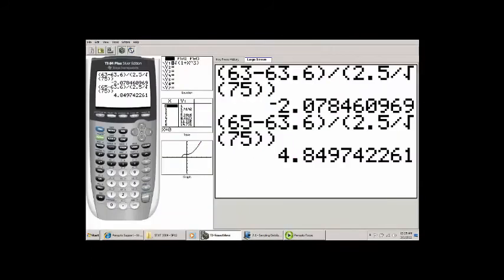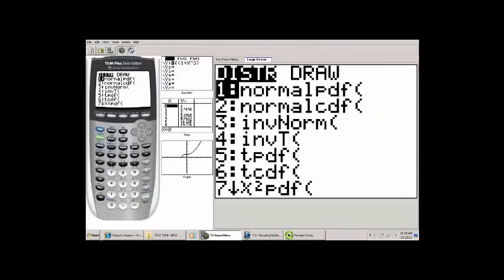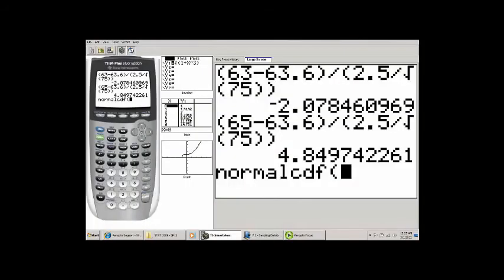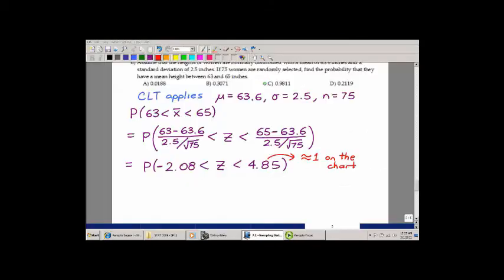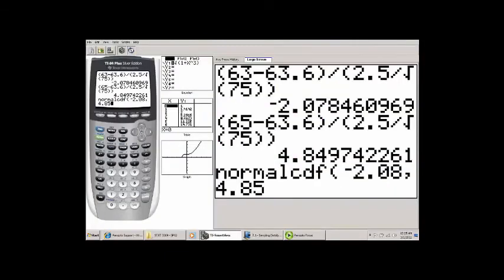Well, I'm going to do a normal CDF, though. Negative 2.08, comma, 4.85. I could probably put 100 there, and it won't matter for that.